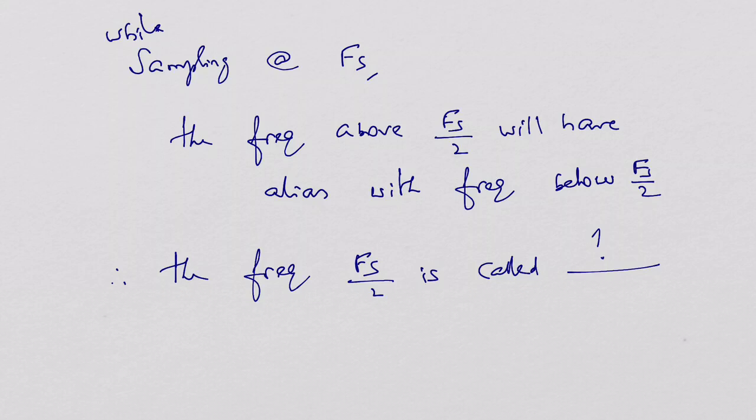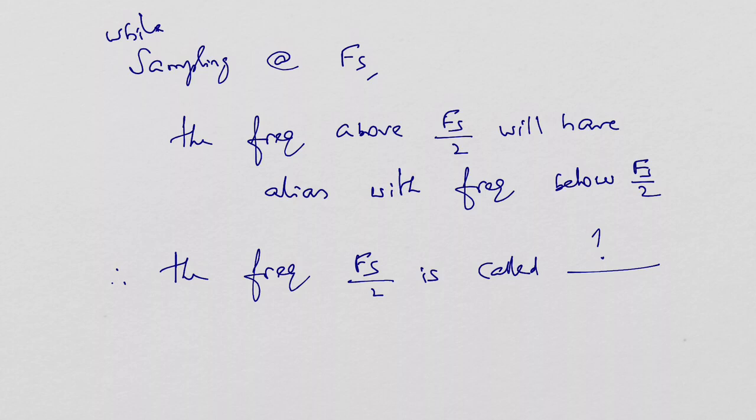While sampling at a frequency of Fs, make sure that the frequencies above Fs by 2 will have an alias with frequencies below Fs by 2. So it is called the point of reflection. The point of reflection is the folding frequency Fs by 2.